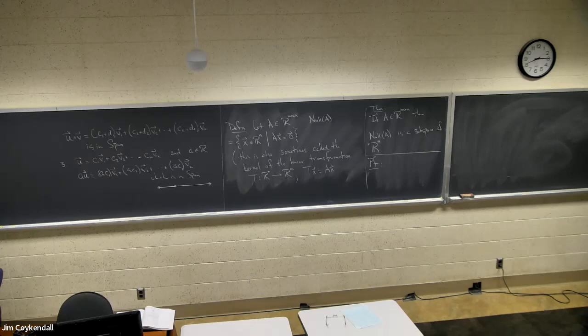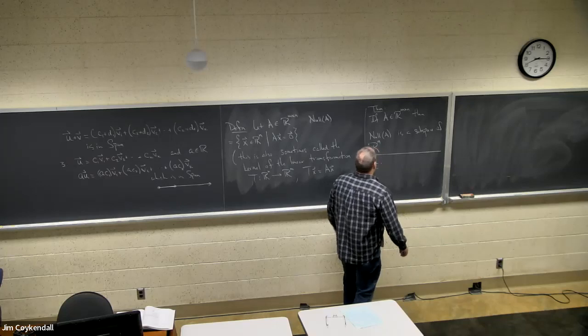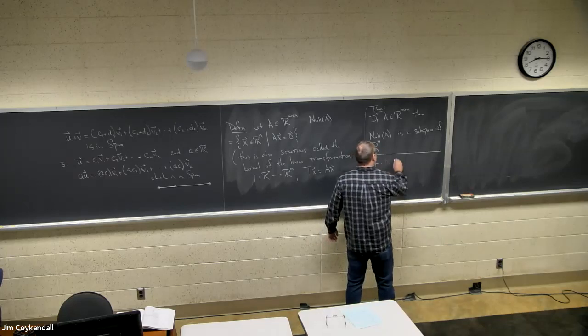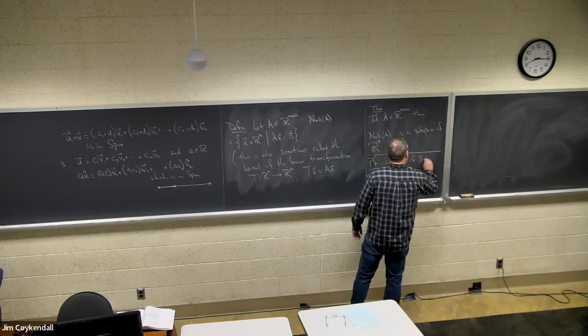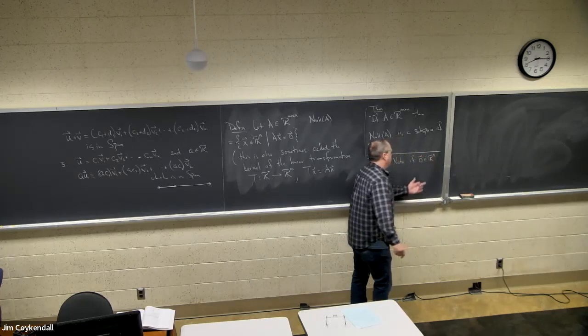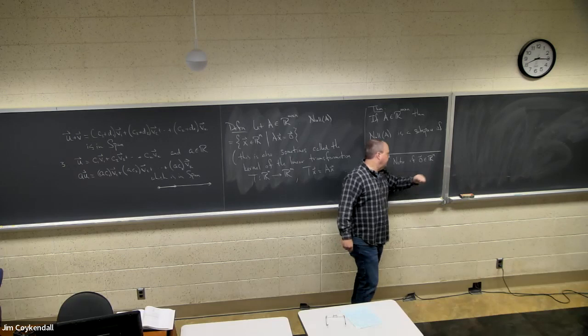That is to say, the zero vector is in null A; that if you have two vectors in null A, the sum is in null A; and that a scalar multiple of a vector in null A is in null A. So that's the zero vector, and I emphasize it's in Rn, because it's the n-dimensional zero vector.